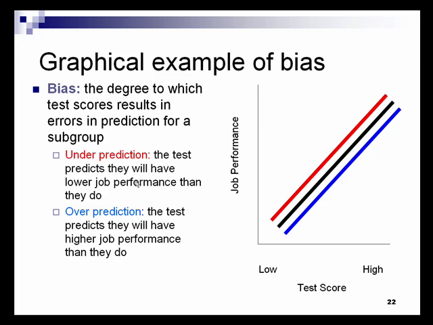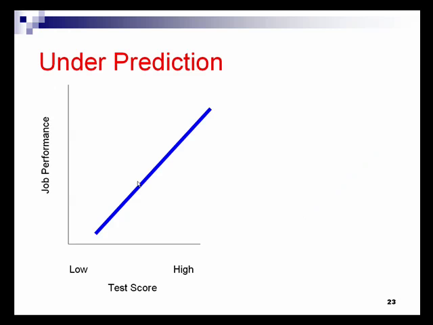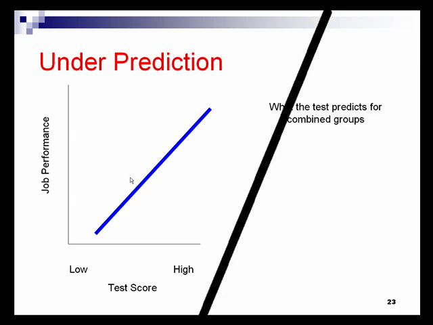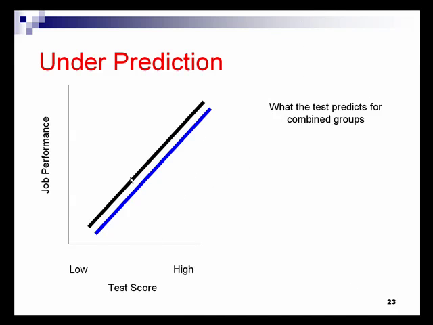Okay, so let's look at the individual cases of both underprediction and overprediction and see if we can get a handle on this tough subject. Let's start with the case of underprediction. What I'm going to show you is an example where the test underpredicts the performance of women, who are represented in red, and men, who are represented in blue.